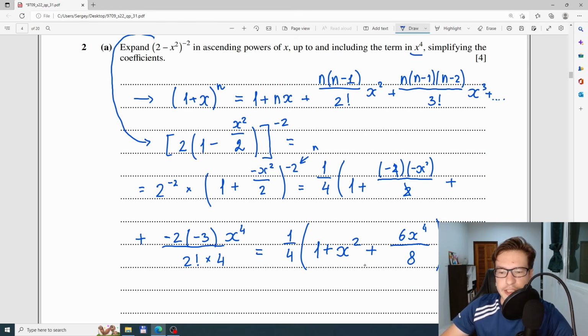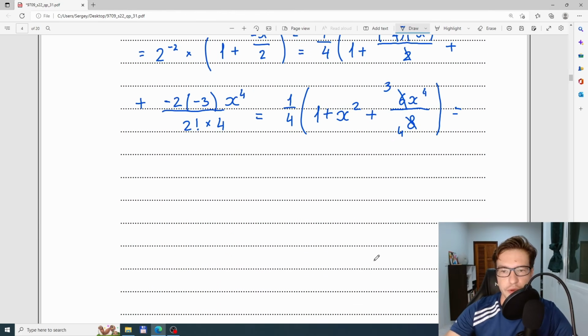Let's simplify it. 6 over 8 divided by 2 is 3 over 4. And let's multiply everything by 1 over 4 and get the final answer. It is 1 over 4 plus x squared over 4 plus 3x to the power 4 over 16.